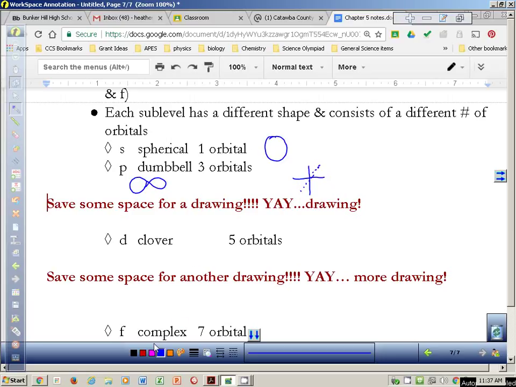In other words, if I use some colors, one of the dumbbells lays on the x-axis. Can you see that? Okay. Another one of the dumbbells will lie on the y-axis. Can you kind of see that now? The other one, let's make it ugly. We'll make it bright pink.